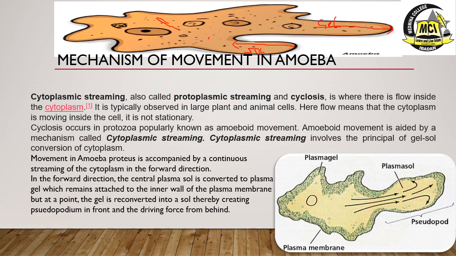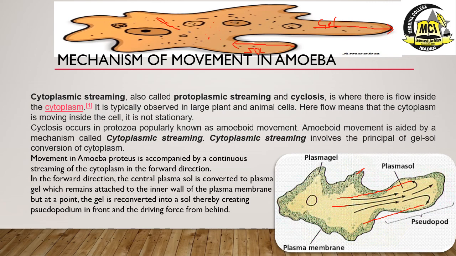Then for it to continue movement so that this pseudopodia also extends forward, the plasma gel needs to come backward so that the plasma sol goes forward. Then the plasma gel needs to come backward again so that the plasma sol goes forward. So that is how the mechanism is.